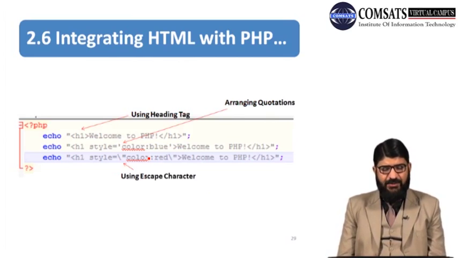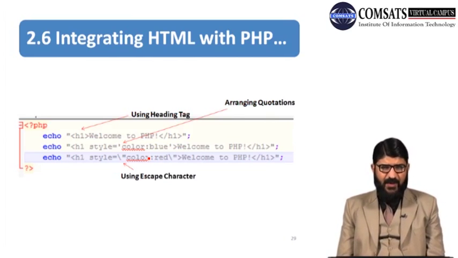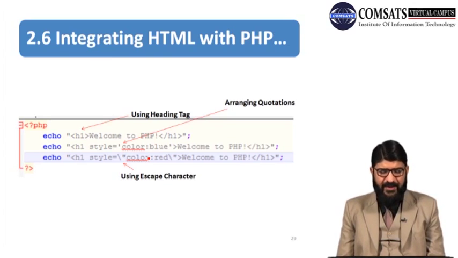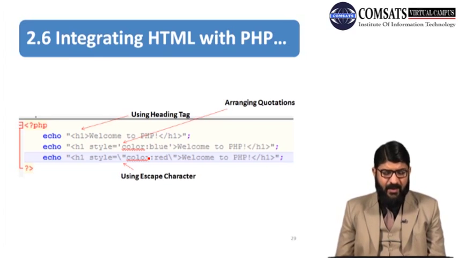So see the output. The first one with double quotes is appearing as an h1 heading, welcome to PHP. Now the second one is h1 style color blue, welcome to PHP. And the third one is h1 style equals to color red, welcome to PHP.